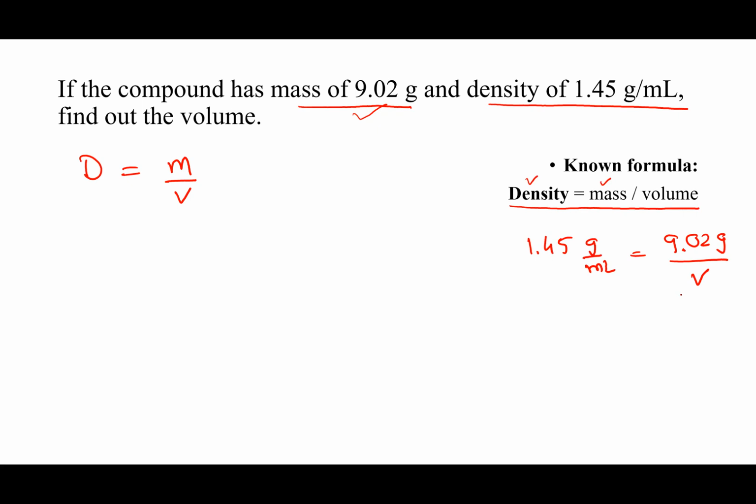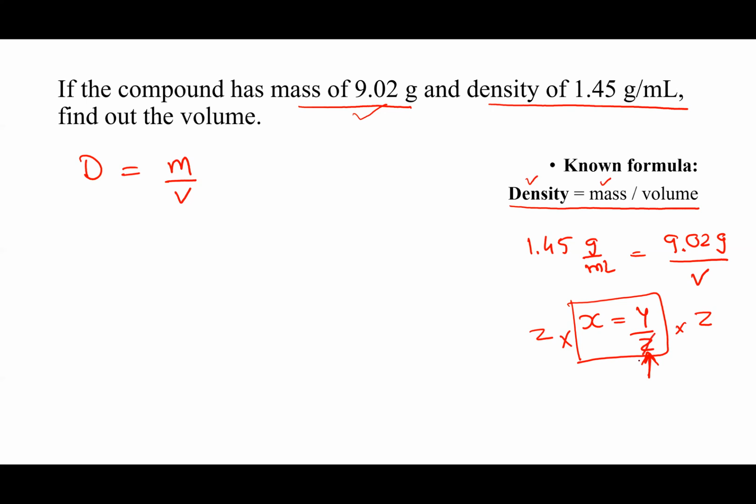If you are good in math, you probably know how to solve this. If you don't have a strong math background, I'm just going to make it easier for you. If you want to follow my method, you can. If you don't want to follow my method, it's completely fine. However, whenever you see a formula like x is equal to y over z, and z is something you have to find out, all you're going to do is multiply by z on both sides.